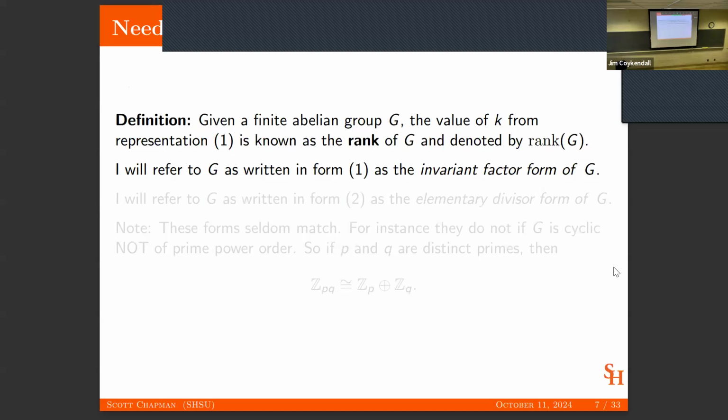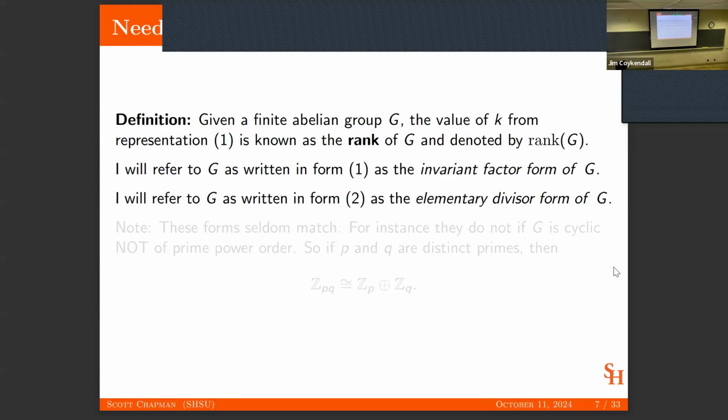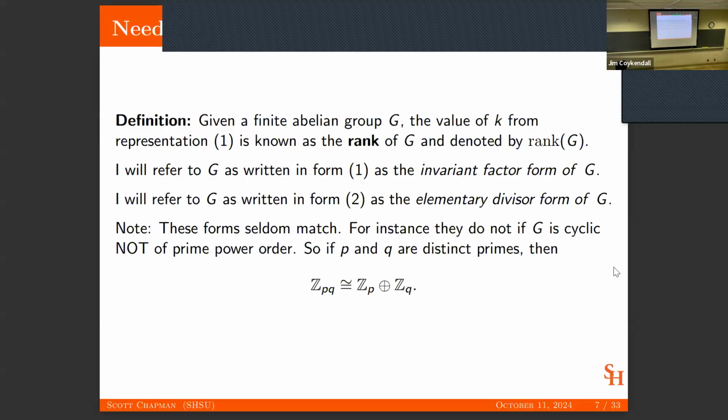I'll refer to G written in form 1 as the invariant factor form of G, and I will refer to G as written in form 2 as the elementary divisor form of G. These forms seldom match, as you probably well know. For instance, they do not if G is cyclic, not of prime power. So if p and q are distinct primes, then Z mod pq, you probably saw this in your undergraduate abstract algebra course, is Zp plus Zq. So again, the 2 representations are different.